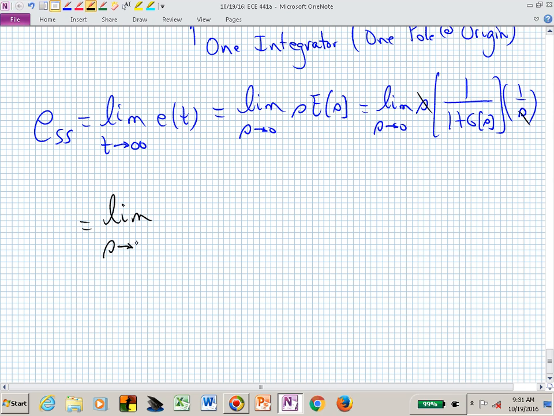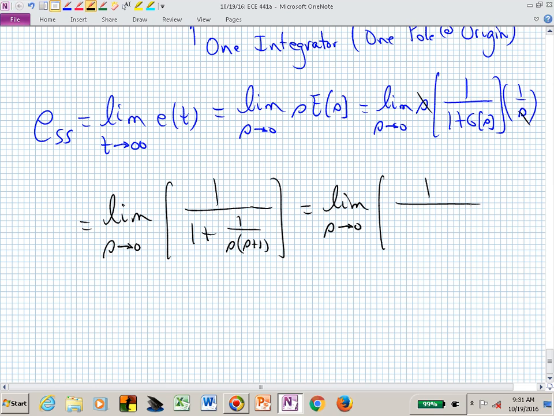The limit as s goes to 0 of 1 over 1 plus, and our plant was 1 over s, s plus 1. And that may get a little bit funny trying to make that evaluation, so let's try to clean that up a little bit so that it's easier to interpret.